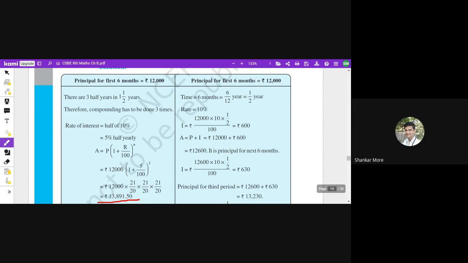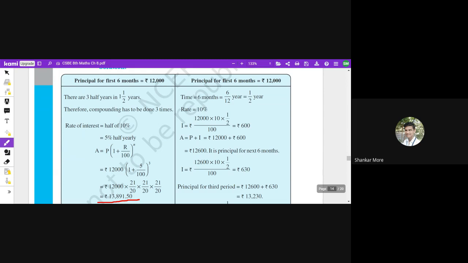See, when we are using the formula directly of CI, जब हम directly CI का formula use करेंगे, in that case we will adjust the value of n accordingly. यहाँ पे 1.5 साल था तो हमने उसे 3 कर दिया. Got it? We will double it. जो n है we will double it, and जो r है we will उसका half कर देंगे हम. We will cut it into half.